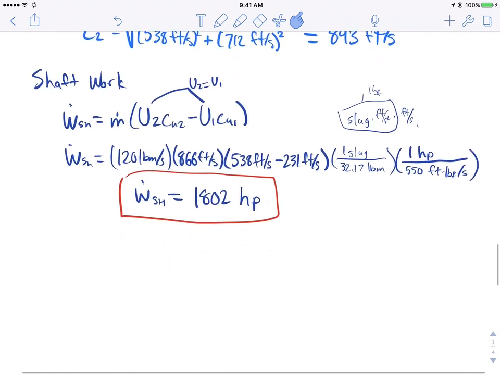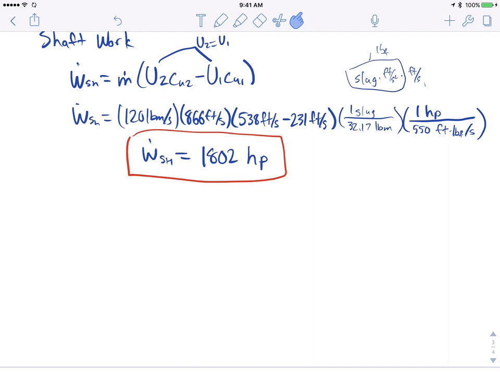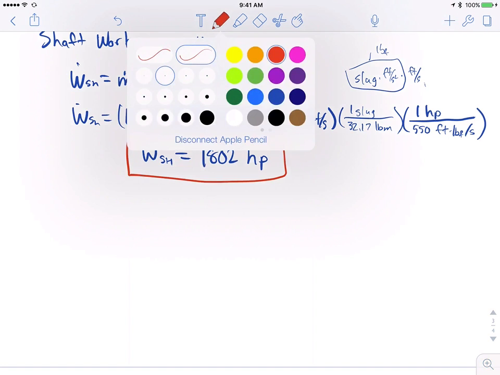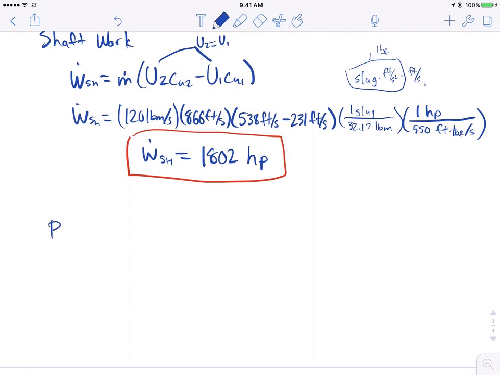Determining our total pressure ratio will take a little more work. We know that our total pressure outlet, PT2, over total pressure in, PT1, is going to be equal to our stage efficiency, eta 1,2, times the change in our rotor speed times the change in absolute tangential velocity, cu2 minus cu1.